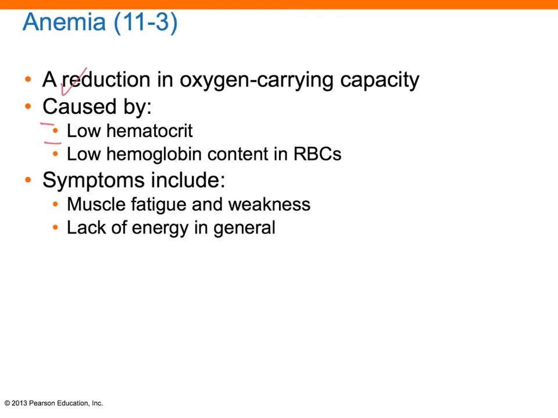So if the blood has a low hematocrit or a low hemoglobin, then that means that the amount of hemoglobin that's there is reduced. Then the oxygen carrying capacity of the blood will be reduced also. And when this happens, we call it anemia. We say that a patient is anemic.